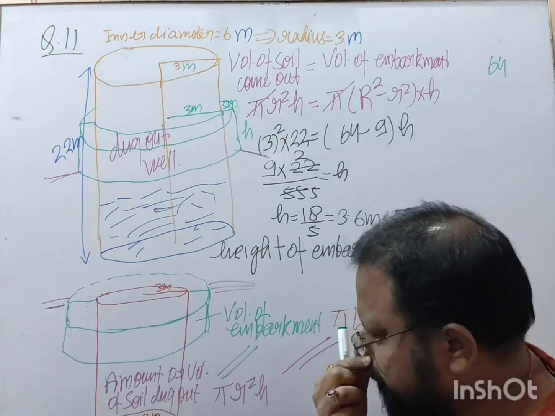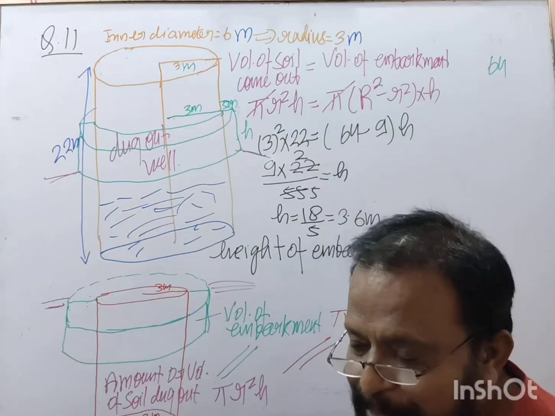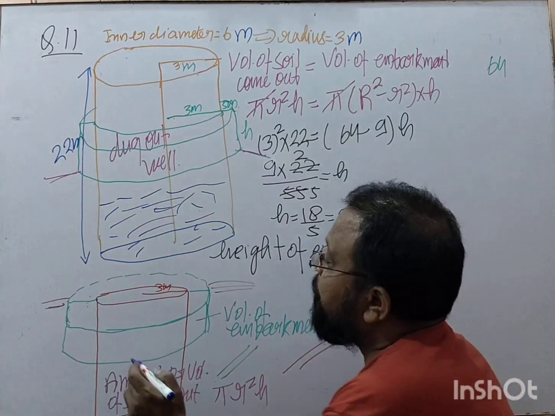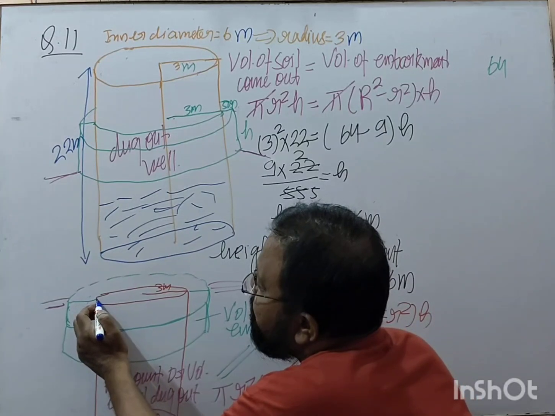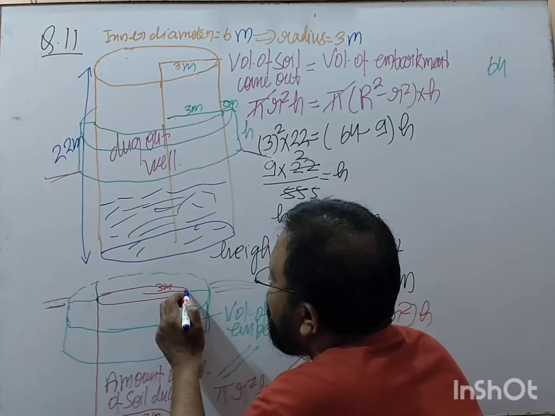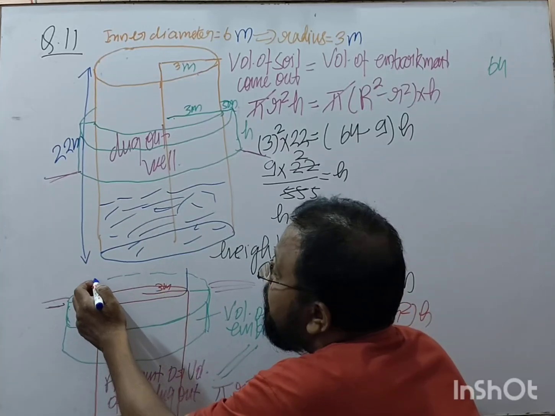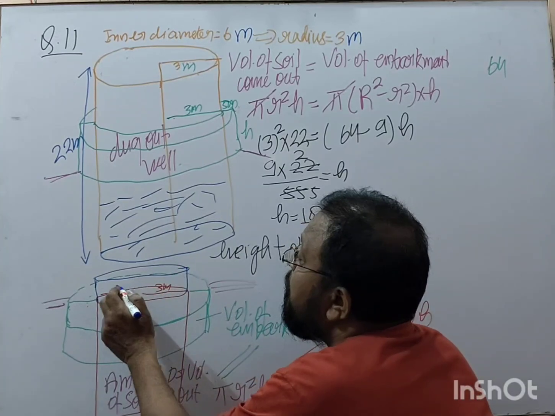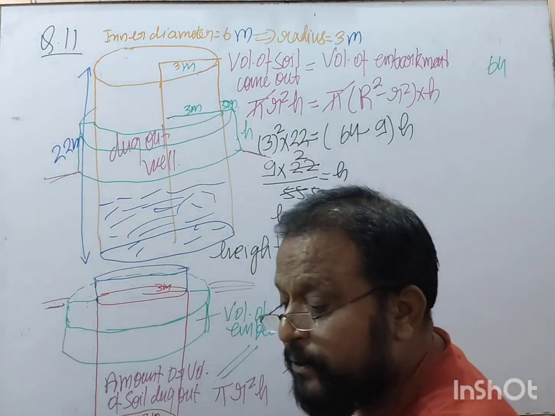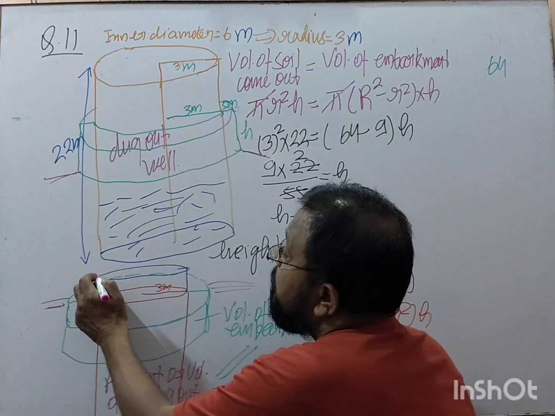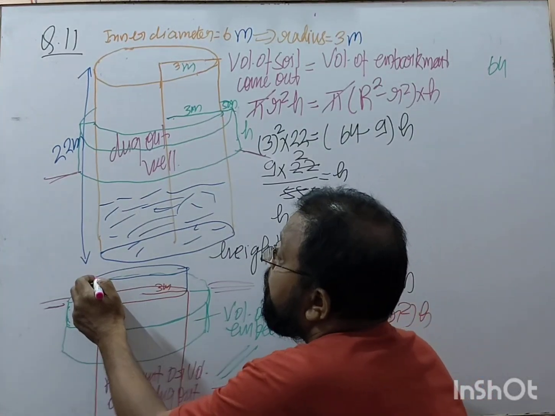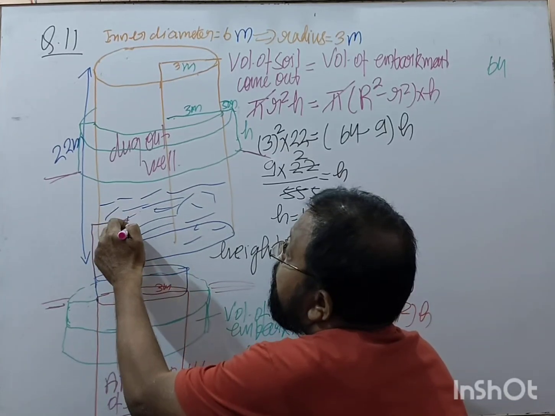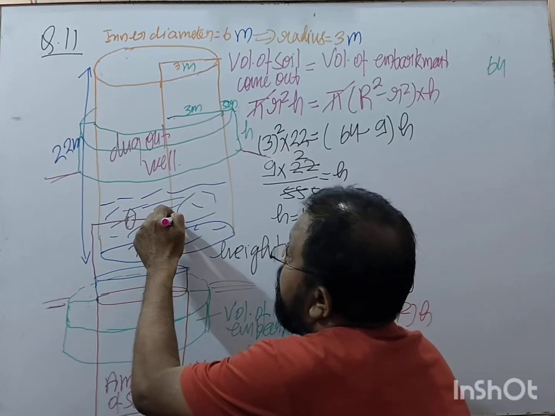Embankment means whatever parking you are making. Here you can put a wall again for safety purposes. You can put a wall around it also, right? This is the wall you make, and above it you put a wheel like this.